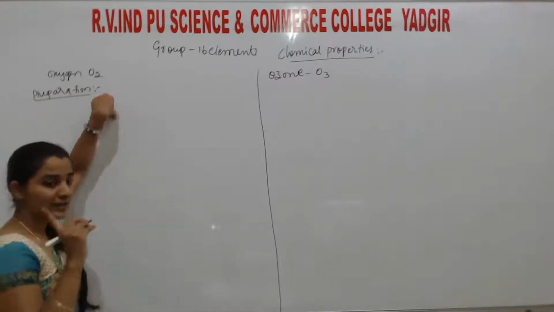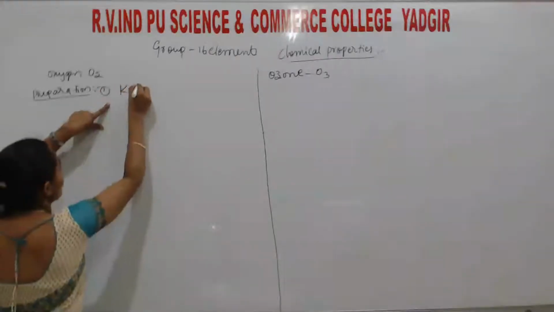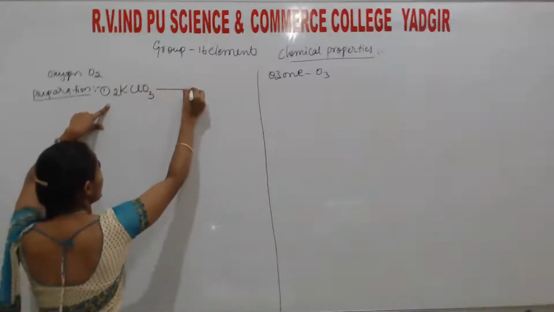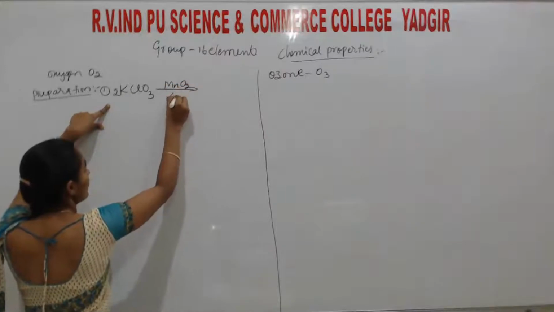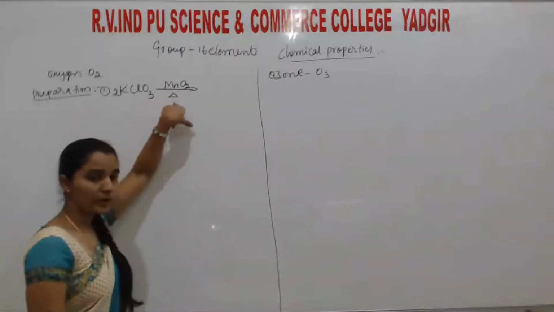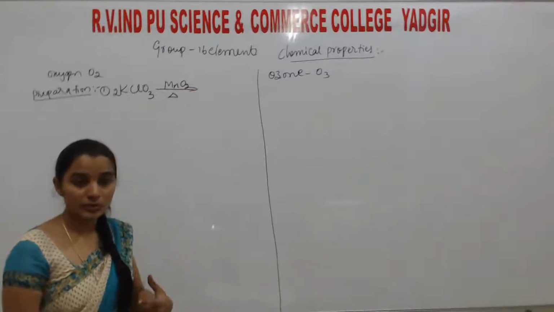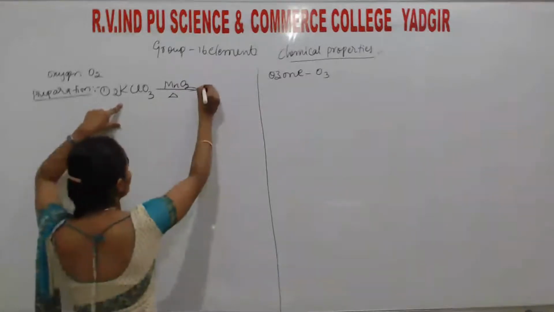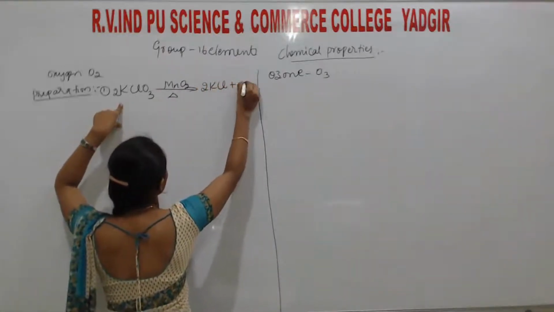So students, first reaction is potassium chlorate. Potassium chlorate decomposes upon heating in presence of MnO2. That means it splits into 2KCl plus 3O2.